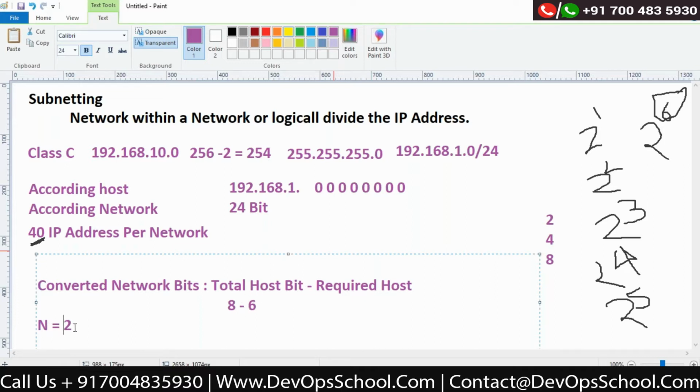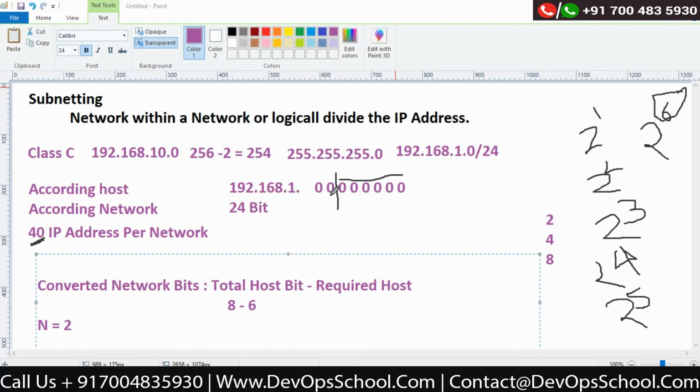So if I take these 2 bits from the host, my purpose would be served only on this. I require only these 6 bits to get 40 IP addresses. I got 2 additional bits in my hand.